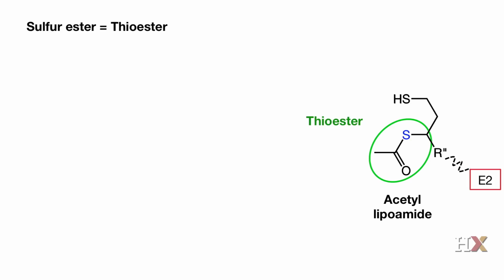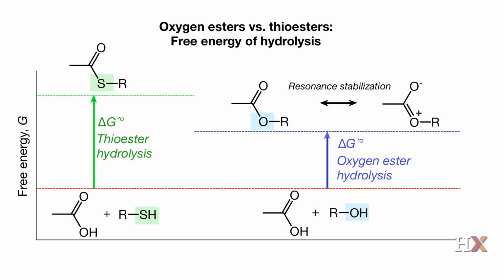Why is a thioester bond in acetyl lipoamide more favorable than an oxygen ester bond? Just look at the free energy diagram. You can see that the free energy of a thioester is higher than the free energy of an oxygen ester. Why is that? Well, in an oxygen ester, electrons are delocalized around the 2 carbon-oxygen bonds, leading to a resonance stabilization.